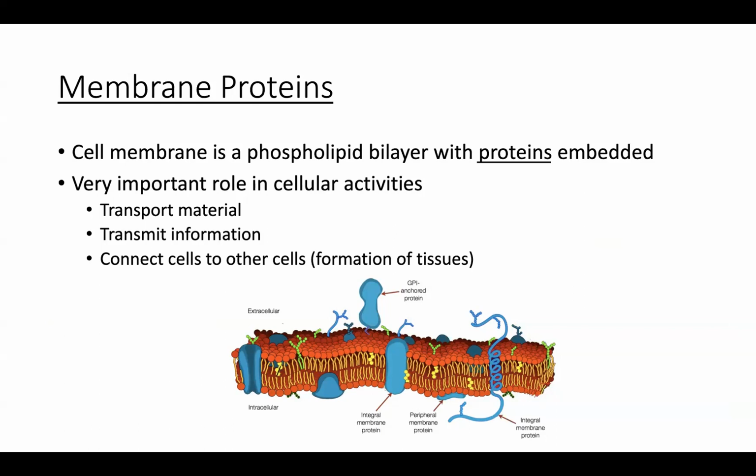They are very important in different cellular activities that take place at the cell level, as well as transporting molecules into the cell. So some important jobs of our membrane proteins are to transport material, transmit information, and connect cells to other cells.